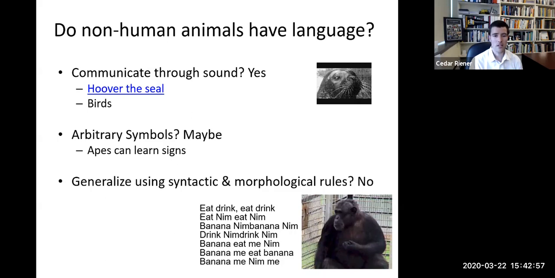However, this is a difference between humans and every other expressive communication that we can tell from the rest of the animal kingdom: using syntactic and morphological rules, meaning using syntax to combine lots of different words into lots of different combinations, using that kind of temesis that we talked about earlier.